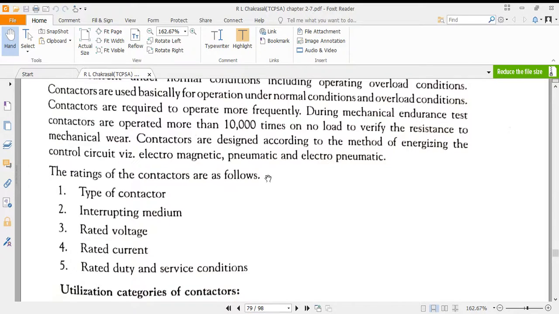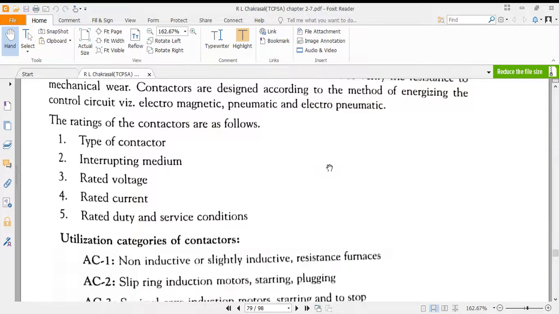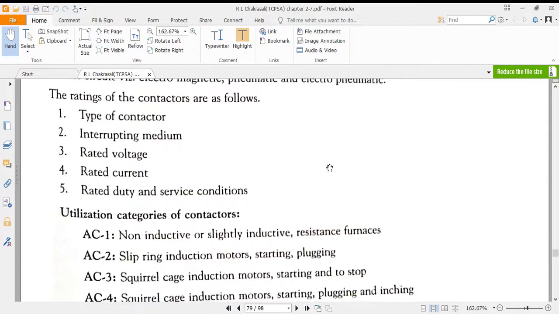Contactors are designed according to the method of energizing the control circuit: electromagnetic, pneumatic or electro-pneumatic. The rating of the contactors is as follows: type of contactor, interrupting media, rated voltage, rated current, rated duty and services.